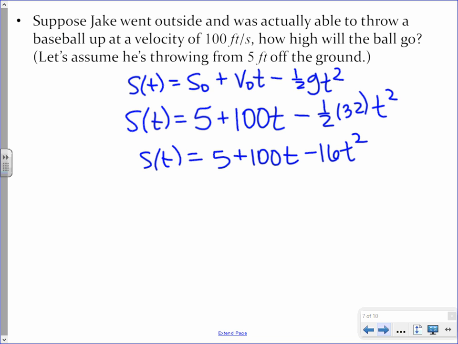The velocity is going to be 0 and it's going to change directions. So let's find the velocity. Our velocity would be 100 minus 32t.